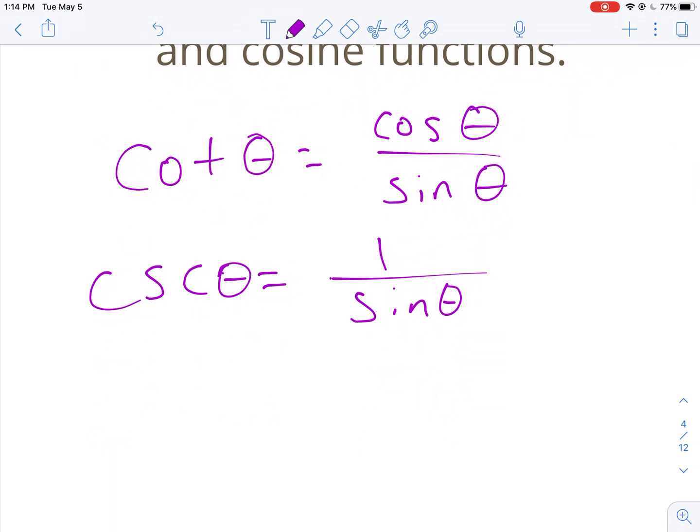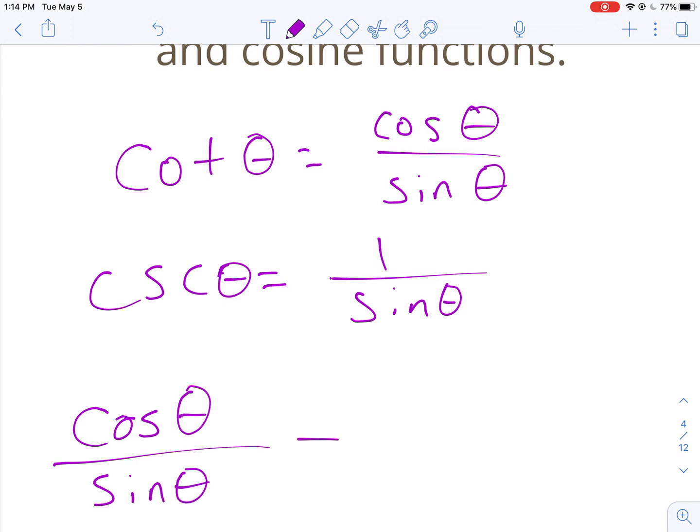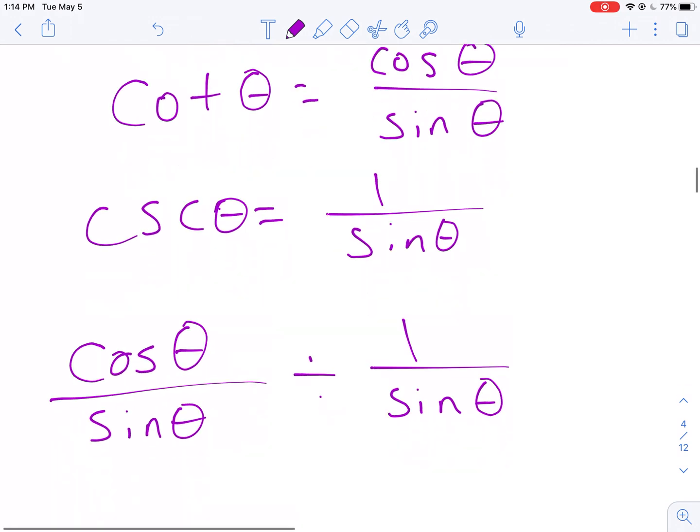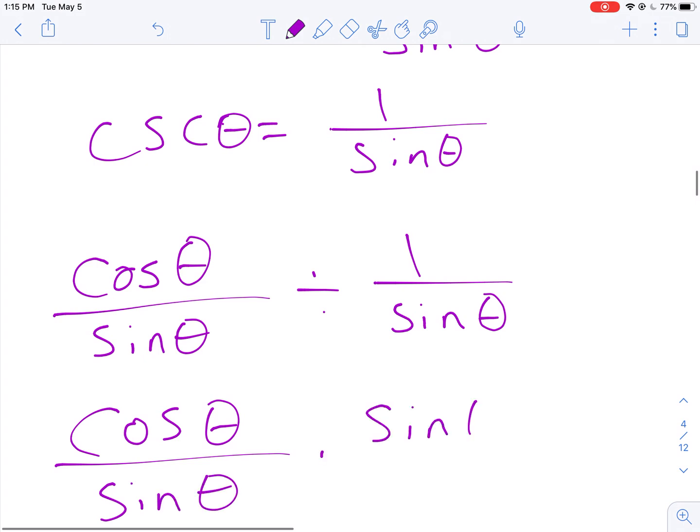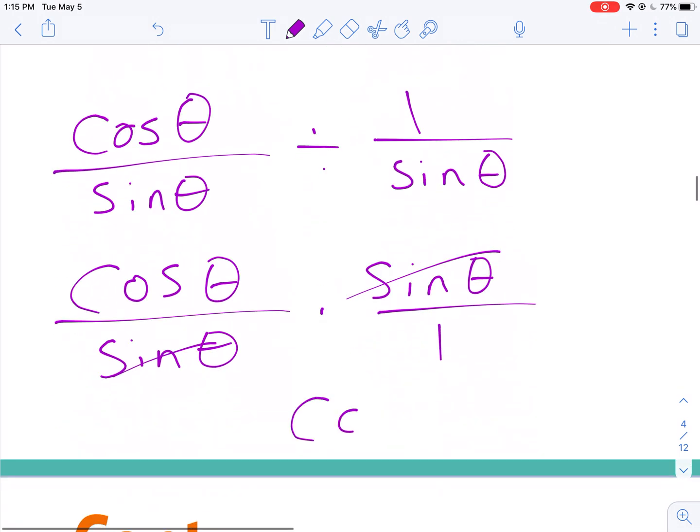So now what we have is the cosine of theta over the sine of theta being divided by 1 over the sine of theta. That means I'm talking about the cosine of theta over the sine of theta multiplied by the sine of theta over 1, and these sine thetas cross out, so I'm left with cosine theta. And that's what the answer is.